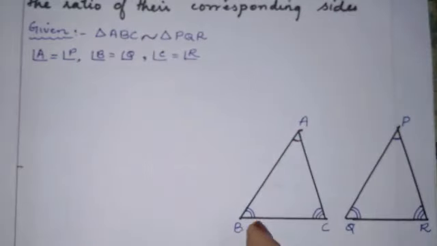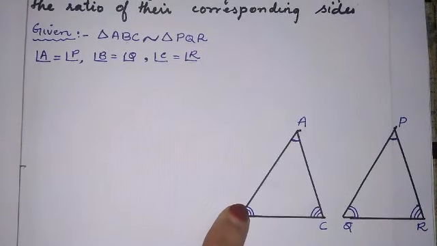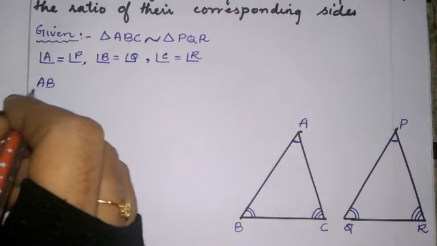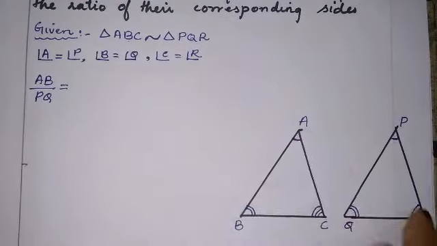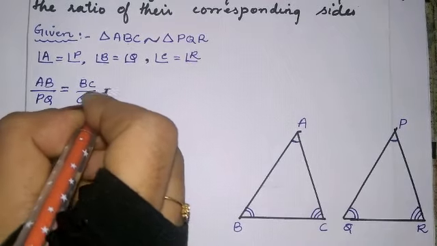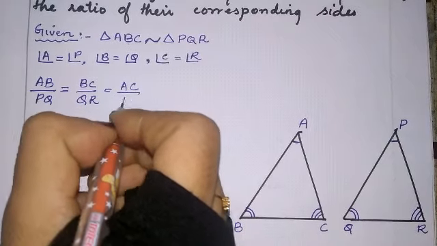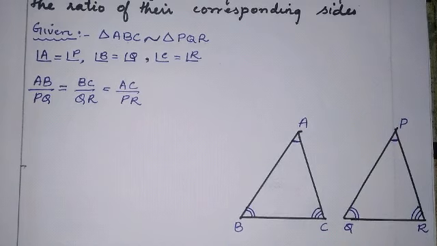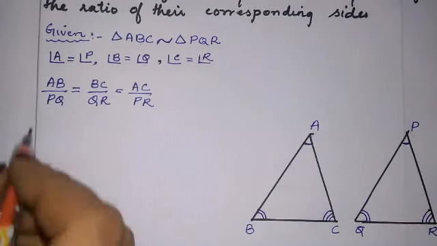And one more thing, similar triangles have their corresponding sides in proportion: AB by PQ is equal to BC by QR is equal to AC by PR. This is also from the similar triangle theorem. Now what do we have to prove?